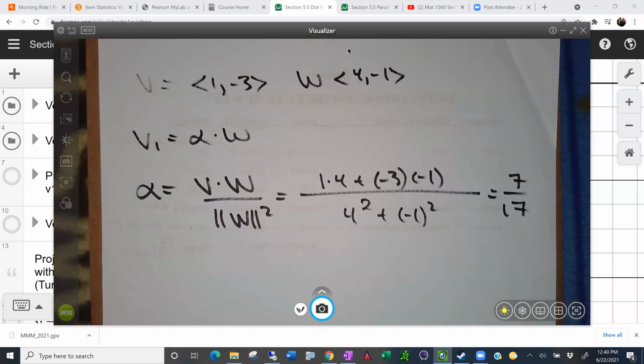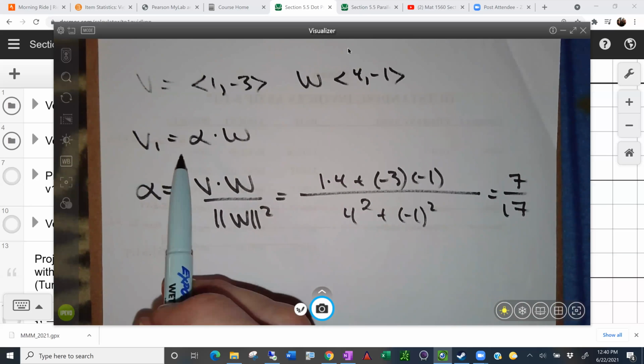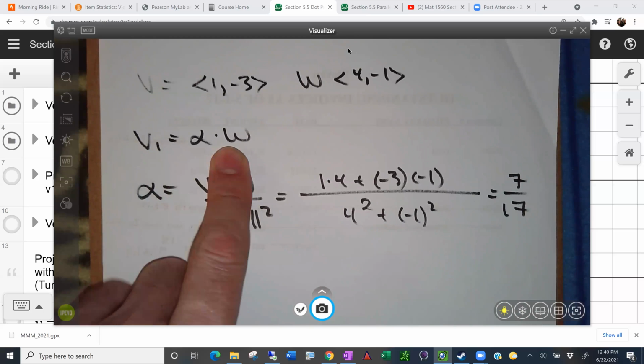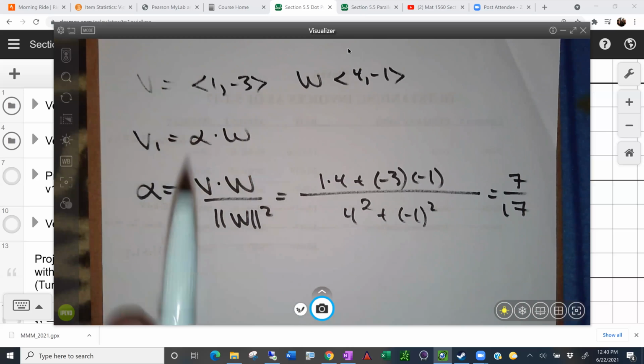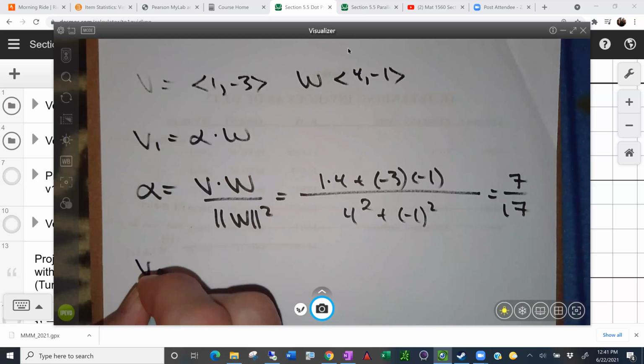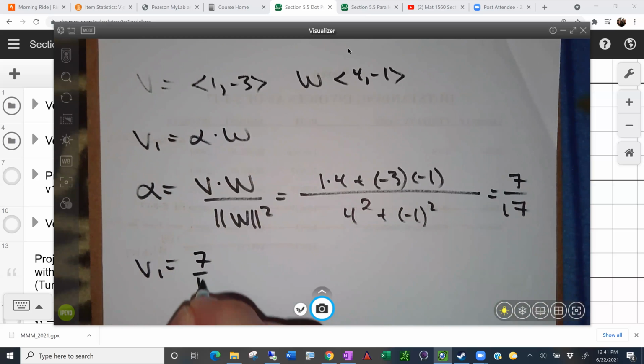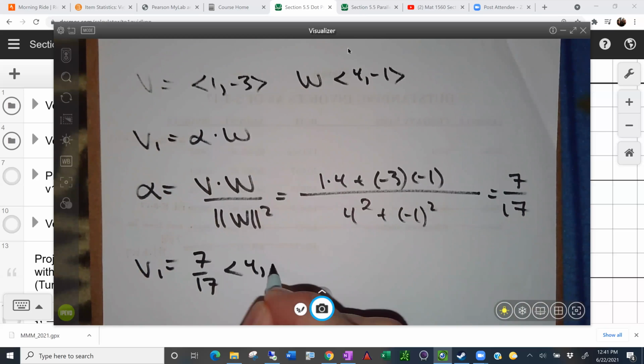So that's telling me how long I want to stretch the vector W to get the projection of V onto W. So V1 is going to be this times W. It's going to be 7 over 17 times 4, -1.